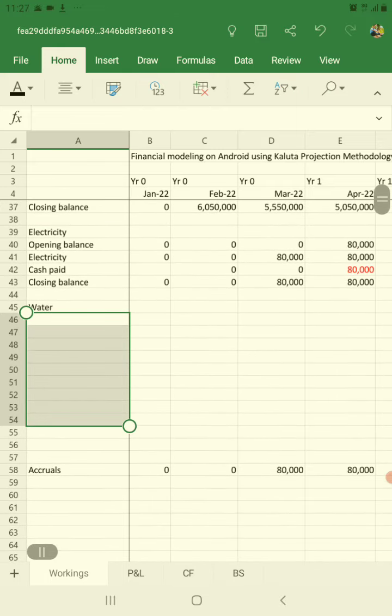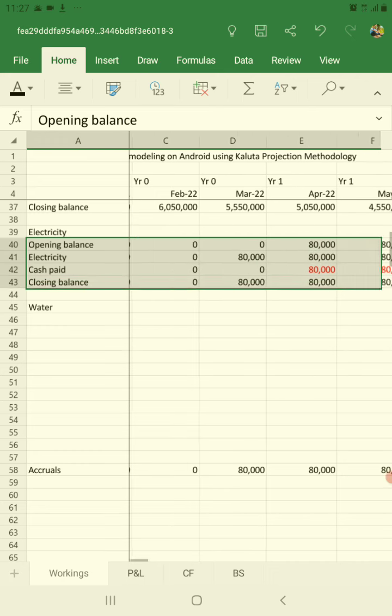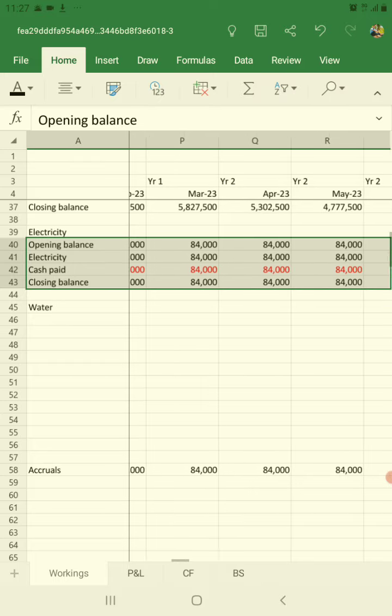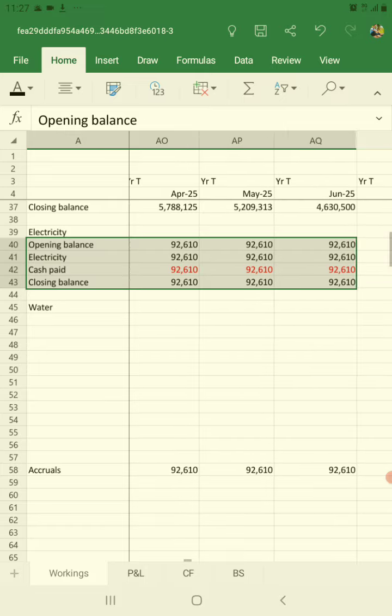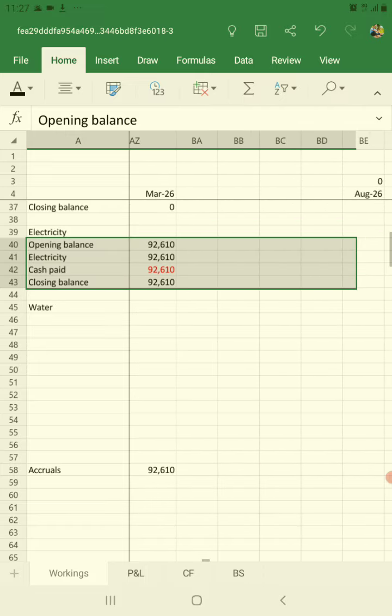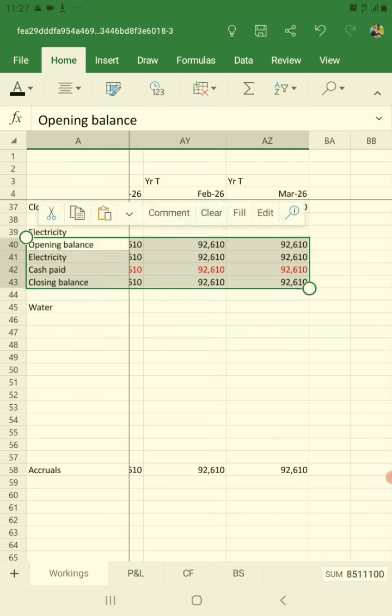Because this structure of electricity modeling is going to be the same with water modeling, I can click on the opening balance here and highlight all this area until the end, up to here, and then use copy.